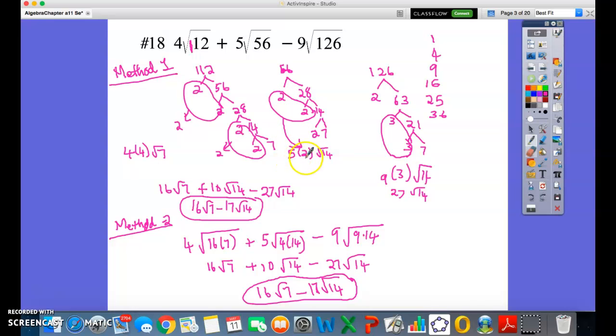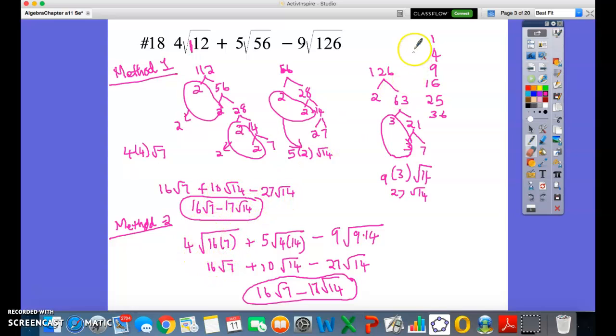So then I have 5 times 2 times, and what is remaining is square root of 14, 2 times 7. And 126, I can pull out 3, and then 2 and 7 are remaining. So 9 times 3, that is 27 square root of 14. So these are like terms, so I can just add them up.